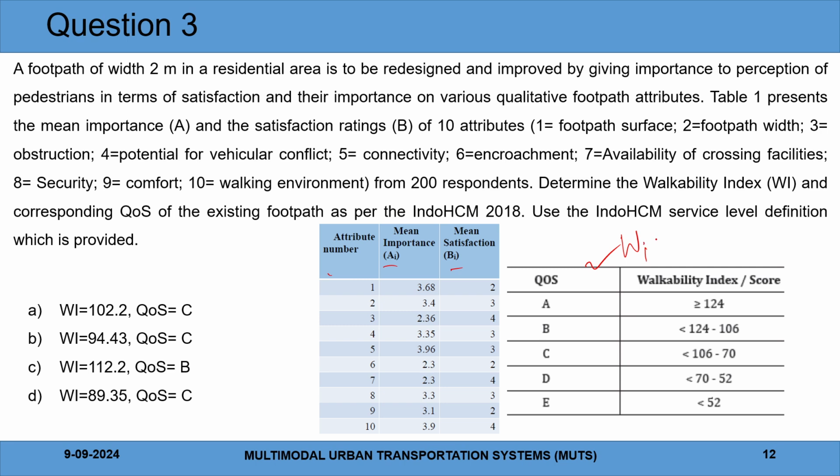You can use this formula: WI equals summation of AI into BI, where i is equal to 1 to 10, as there are 10 attributes.